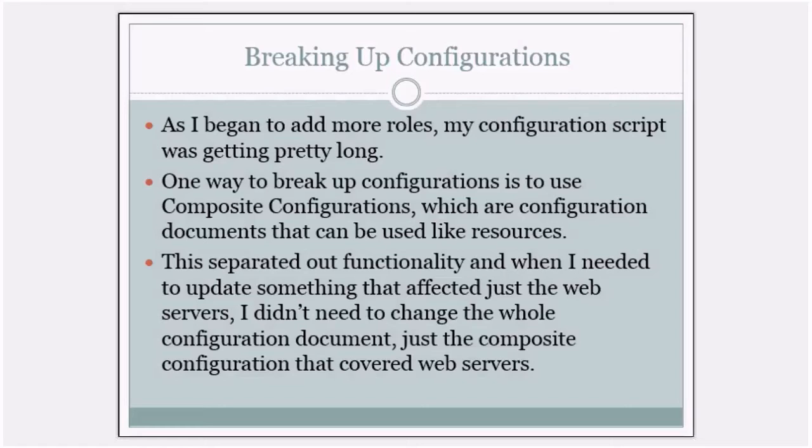And lo and behold, I have composite configurations. And composite configurations just make it a lot cleaner for creating configuration documents. It's just like creating a function in PowerShell. You pull out some common bit of code that you can reuse later, or that you want to simplify your main script.